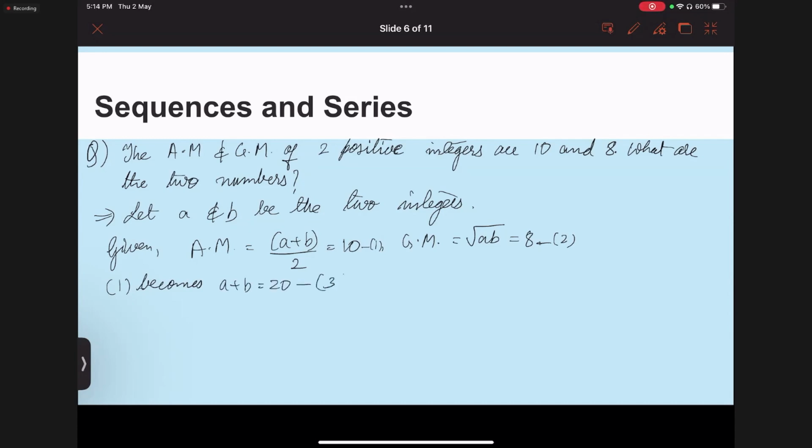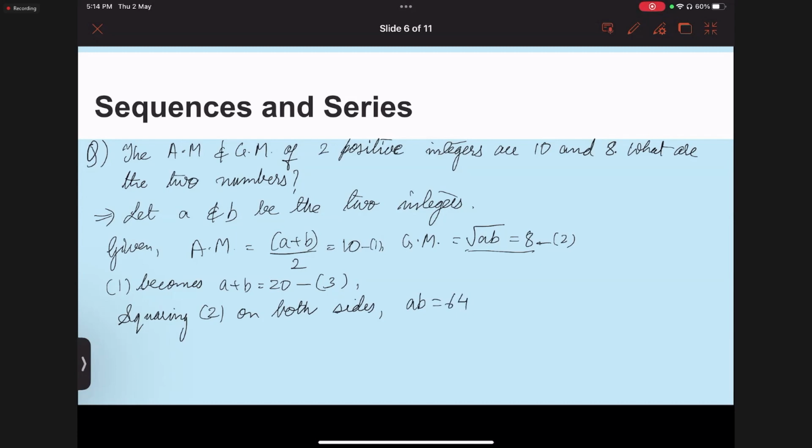So this can be your third statement. Now, let's take the second statement. Squaring on both sides, we get AB is equal to 64. So this is something we got.